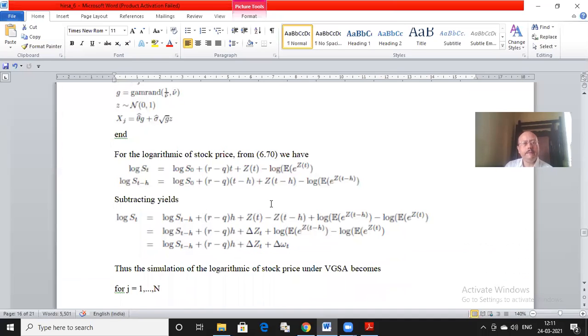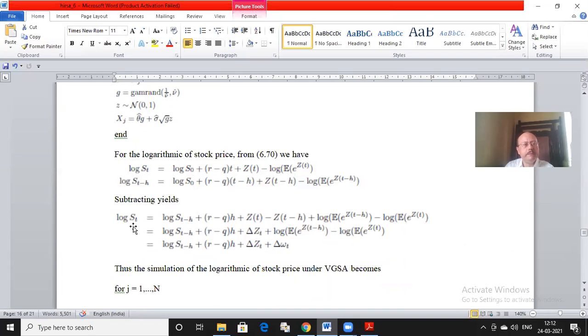For the log stock price, we have this direct expression that log St is log S0 plus r minus q times t plus zt minus log of the expectation of e to the power z. Log S(t minus h) has the same expression.